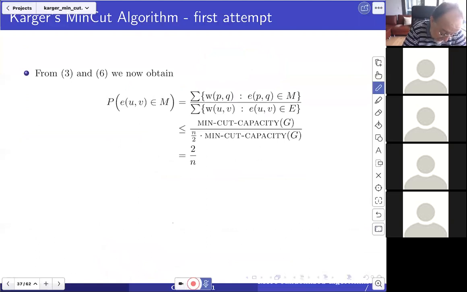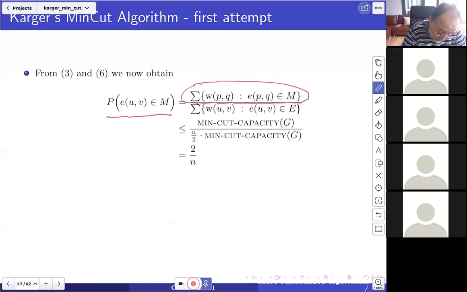So what do we have now? Remember, the probability to choose an edge that goes across the cut is equal to the sum of the weights across the cut over the total sum of all weights. But we just saw that this sum on top is the capacity of the min cut, because we sum up the weights of all edges that cross the min cut.